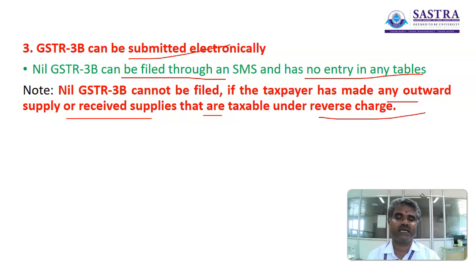So in two cases you can file a nil GSTR 3B: one is when you have a nil transaction, and the other is when you have no reverse charge supplies. Usually reverse charge is applicable for services.